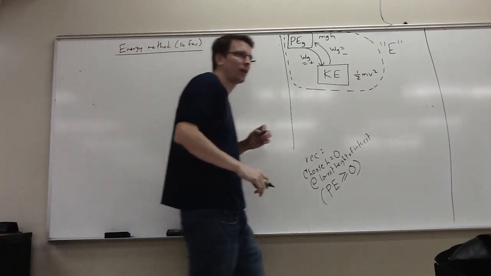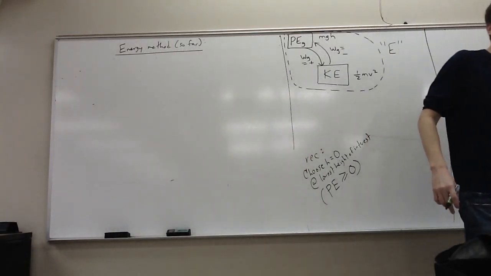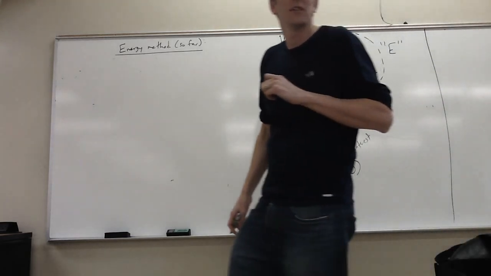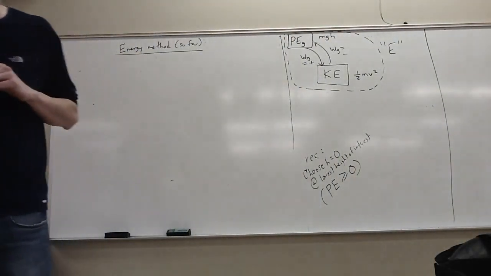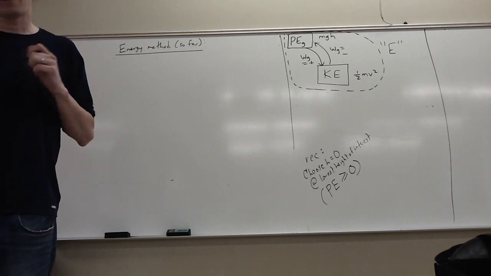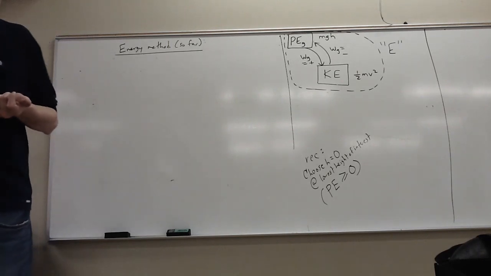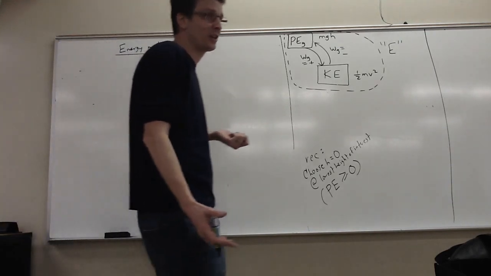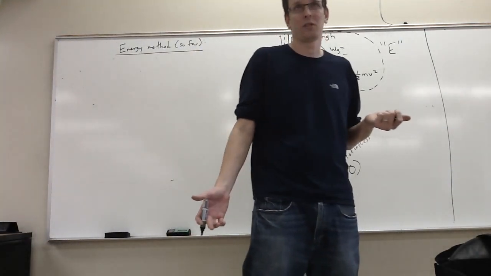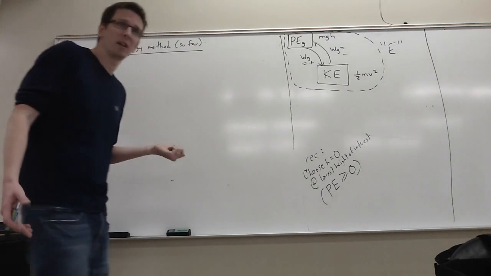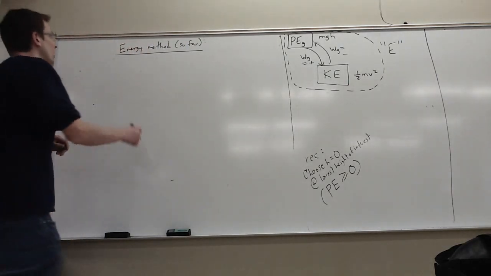And I call it so far because, of course, we still have some other modifications to make, some obvious and some not so obvious modifications. The most obvious modifications, maybe there are other forms of energy in the universe. Maybe there's not just two boxes, maybe there are more. So right now we're aware of two different places where energy could be found.